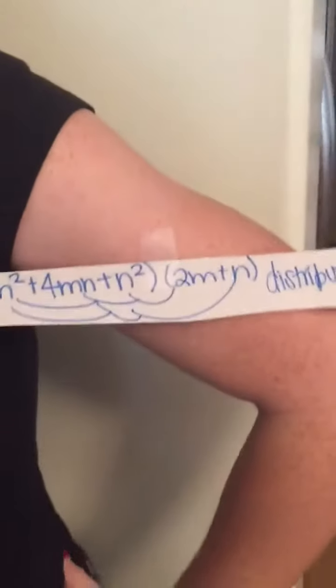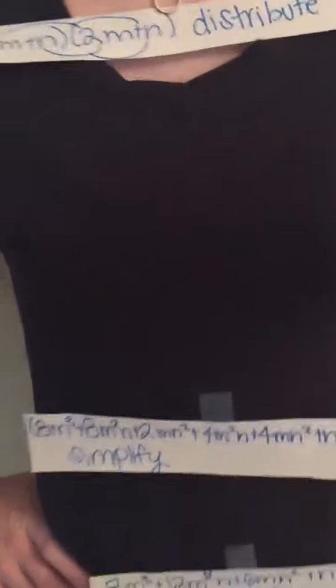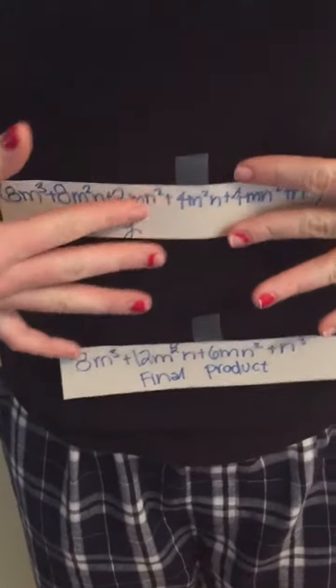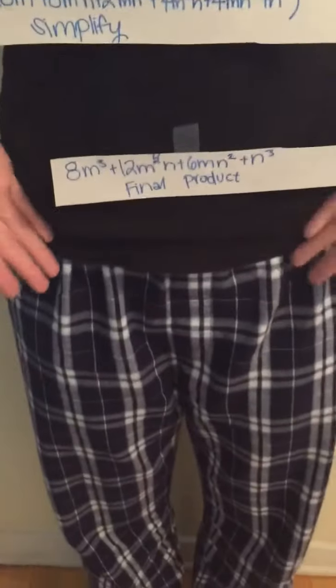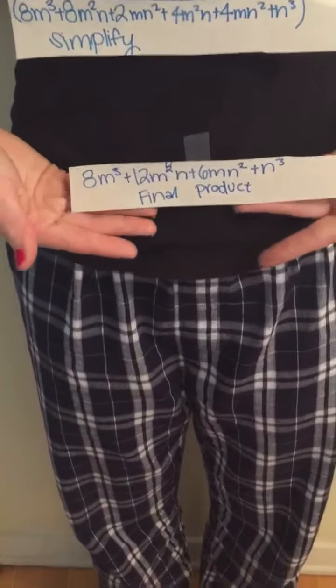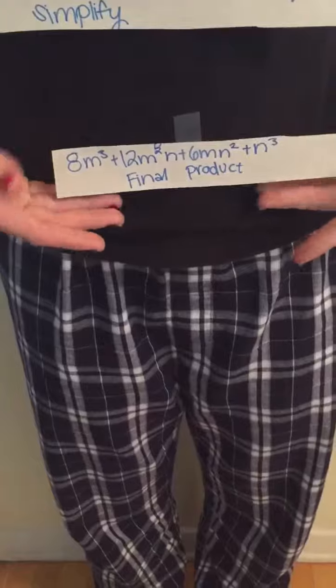And then you're going to distribute it again like that. And then we're going to simplify this huge number. And then your final product is going to be 8m cubed plus 12m squared n plus 6mn squared plus n cubed.